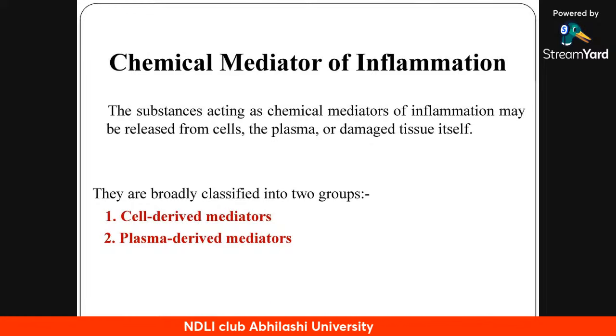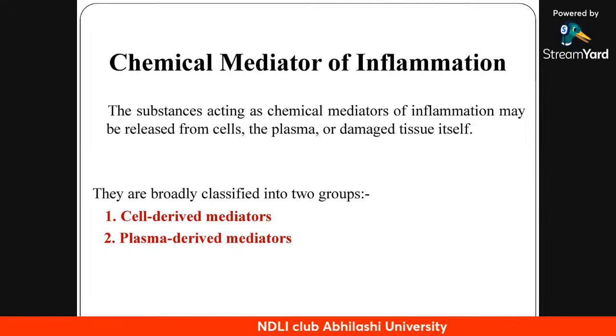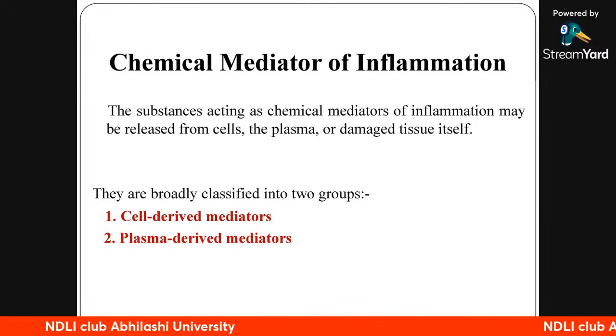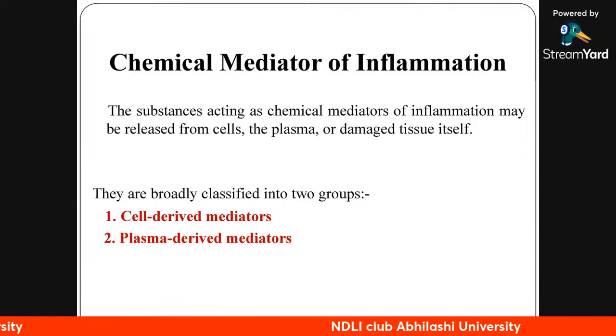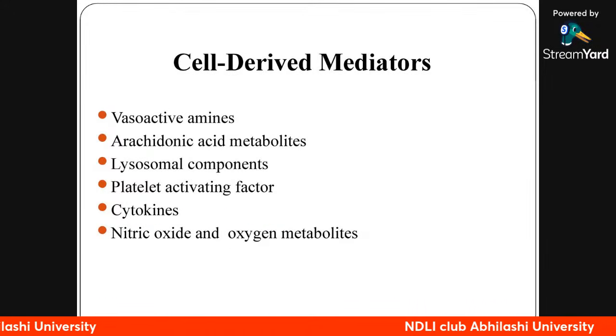Chemical mediators of inflammation. Chemical mediators are substances released from the cell membrane, from the cells of plasma and damaged tissues during inflammation. These are broadly classified into two groups: cell-derived mediators and plasma-derived mediators.